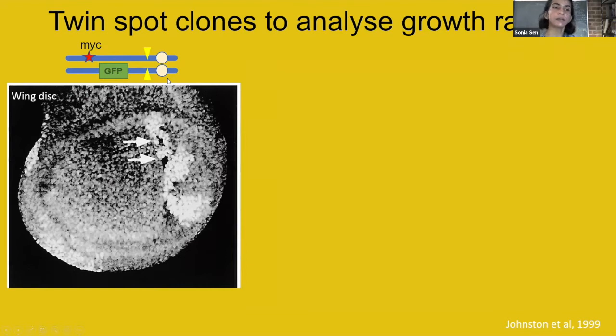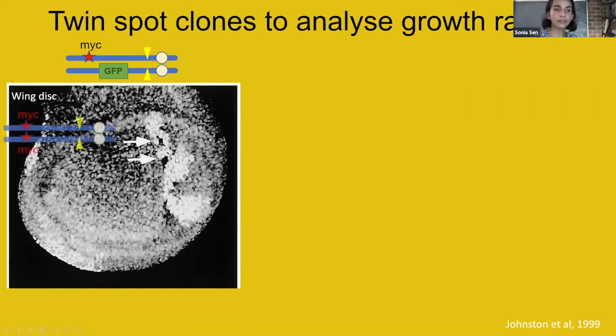Heterozygous for the GFP, heterozygous for the recessive mutation. But then she would have come in with the heat shock, and she would have given, say, a 15-minute heat shock at some early developmental time point, L1, say. And she dissects it at L3, and she observes that some cells have no GFP.